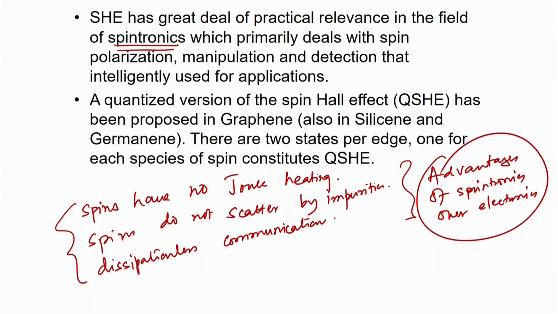So, meanwhile, a quantized version of the spin Hall effect, or rather a quantum version of the spin Hall effect, which is called the quantum spin Hall effect, has been proposed in graphene.